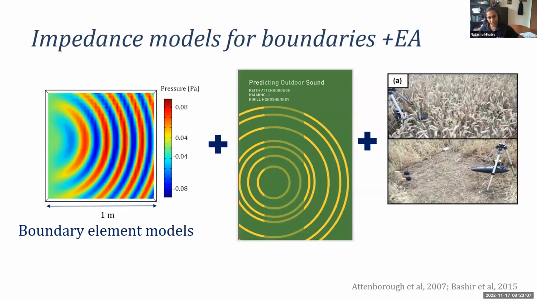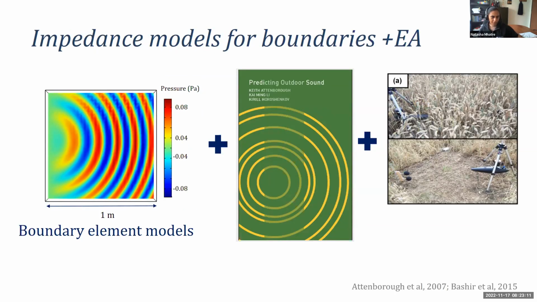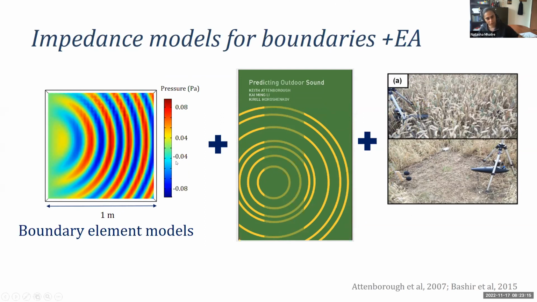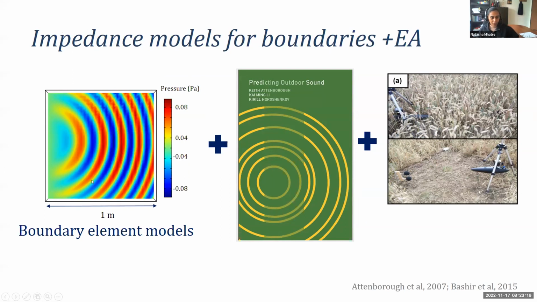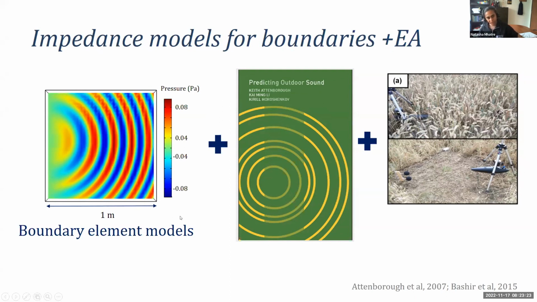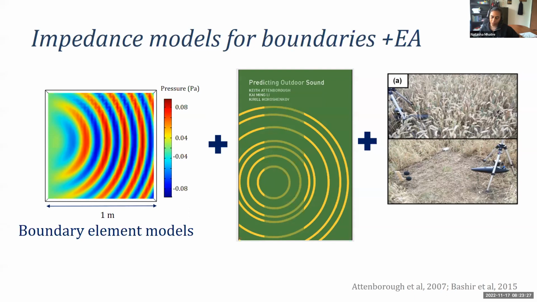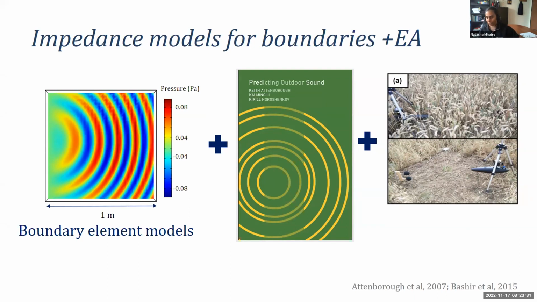The cool thing about this is you can have a radiator that's making sound, and then you can add in different pieces of information. For example, you can say, well, there's a ground here, and that ground has a particular impedance, and it's this reflective and this dissipative. And then ask it to tell you what the sound field will look like when you do that.